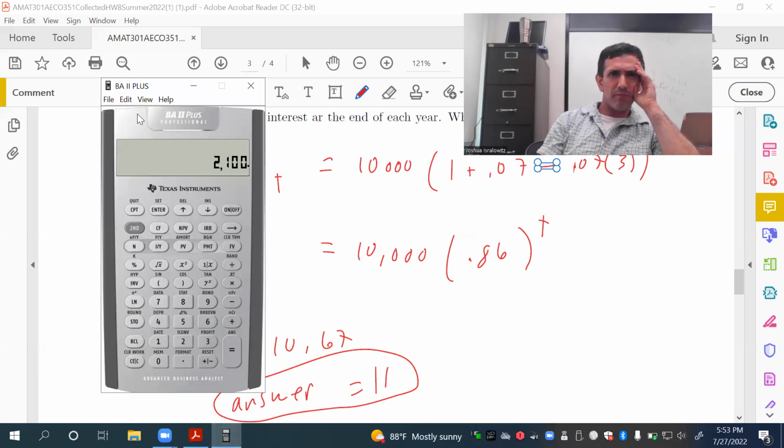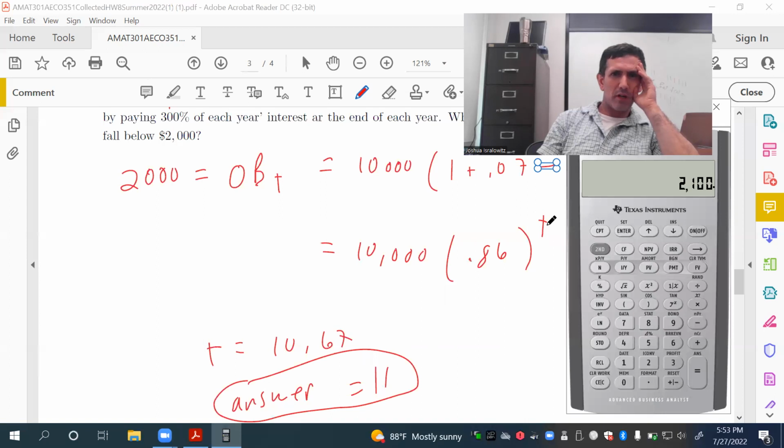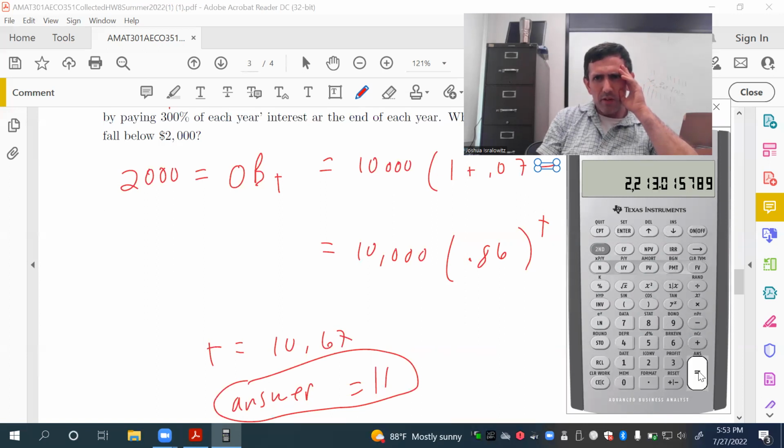And you can check. Keep plugging in t. If you really want to, you could check your answer. Plug in 1, 2, 3, 4, 5, 6, all the way to 10. I'll just do 10, which is 0.86 to the 10 times 10,000.